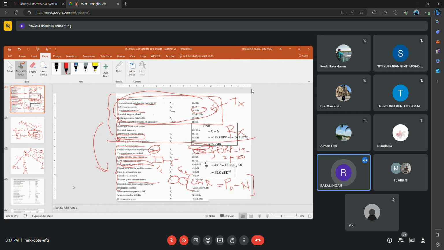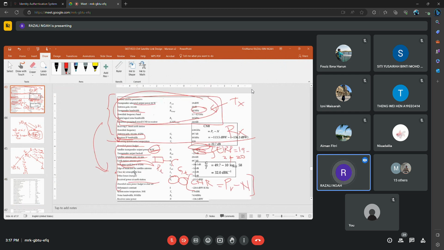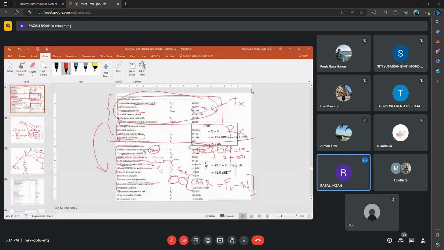TS depends on your receiving earth station noise temperature. So you can see here receiving system noise temperature TS 45 Kelvin. So 10 log 45, you will get 17.6.